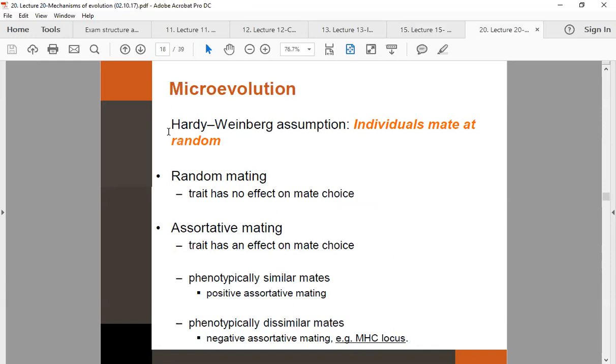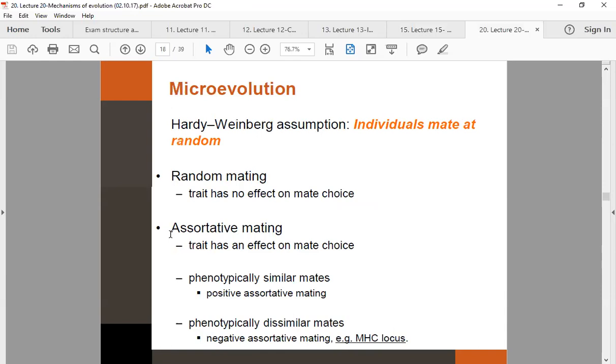Mating would be completely at random. But of course, that's not what happens in naturally occurring populations. What does occur is assortative mating, where a trait has an effect on mate choice. So this is the deviation from the Hardy-Weinberg assumption.